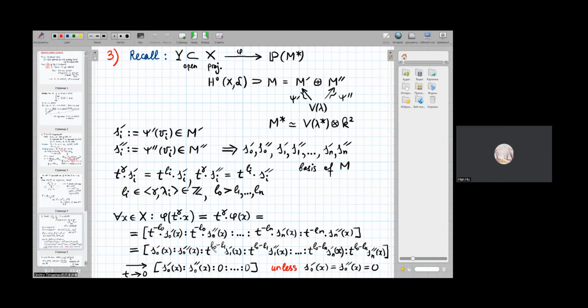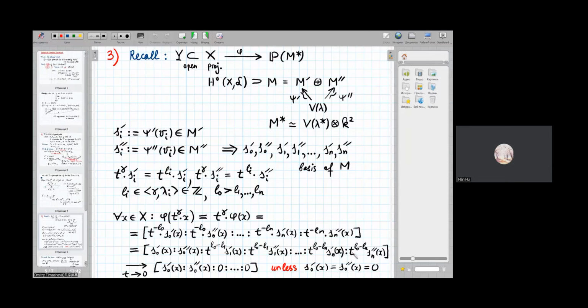And here we had before t to the power minus li's. And when we multiply by t to the L naught, then we get t to the difference powers, L naught minus L1 here, L naught minus L2 twice, and so on, L naught minus Ln at the end.